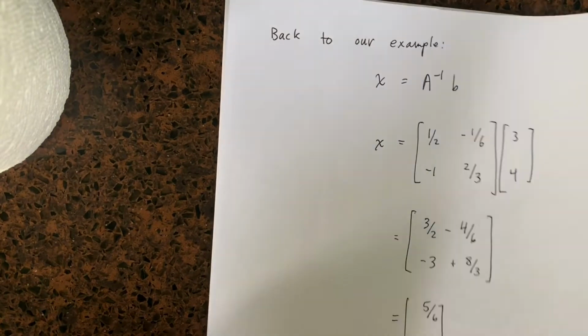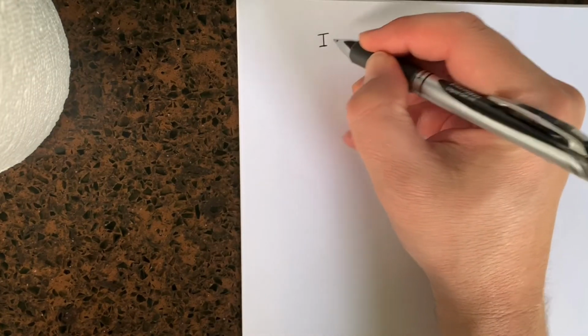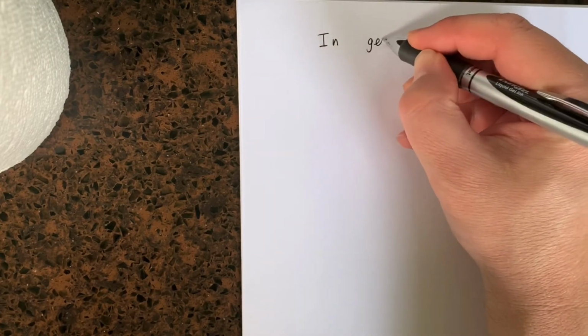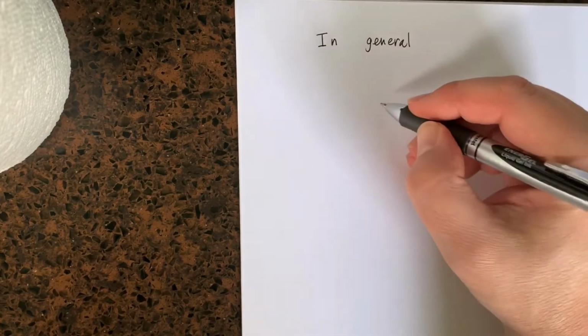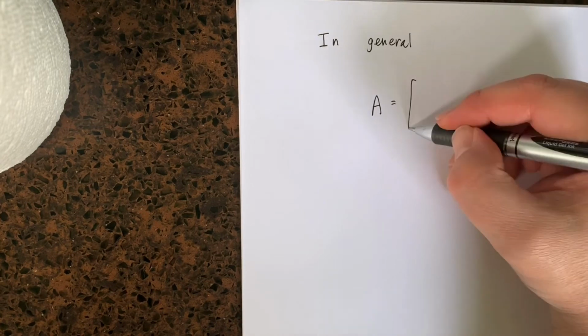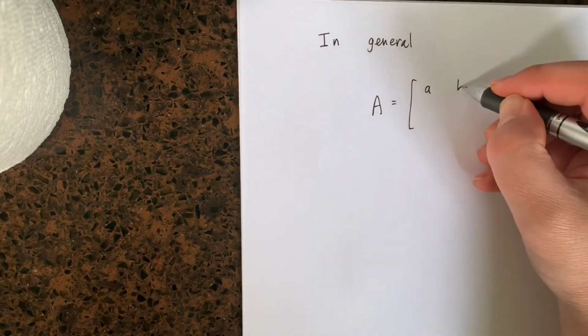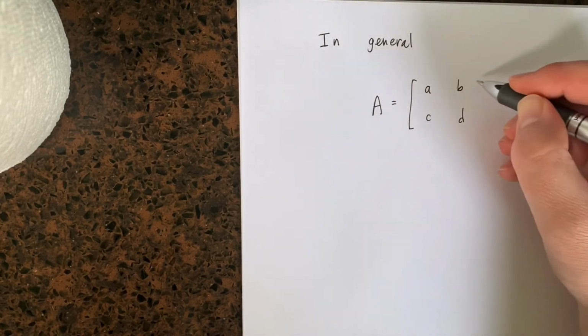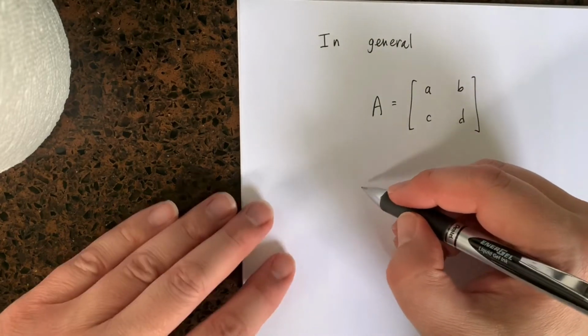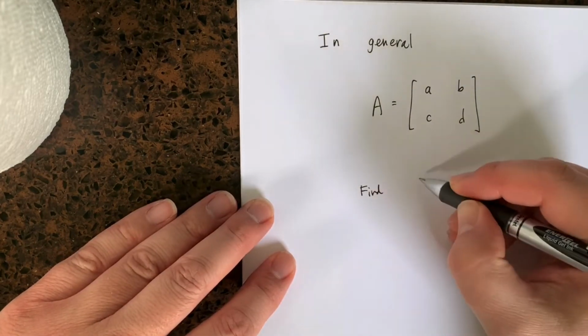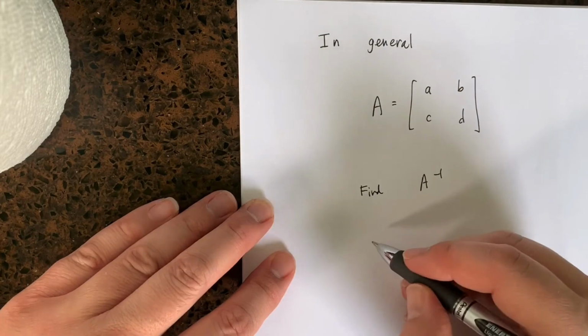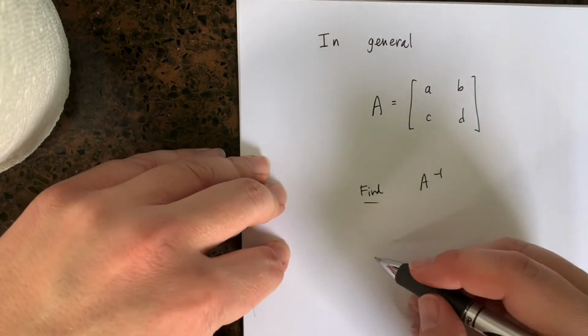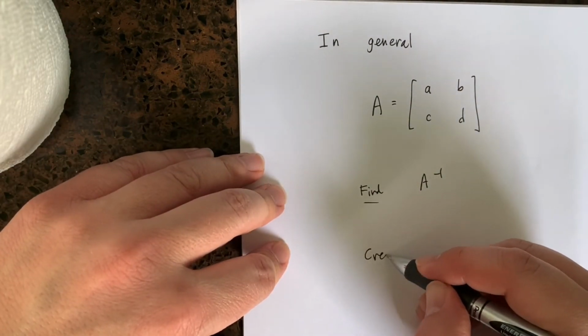In general, for a 2 by 2 matrix, we've got A, B, C, D. We want to find A inverse. First, we create the augmented matrix.